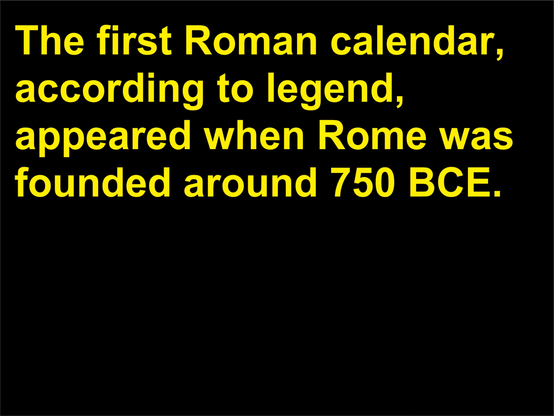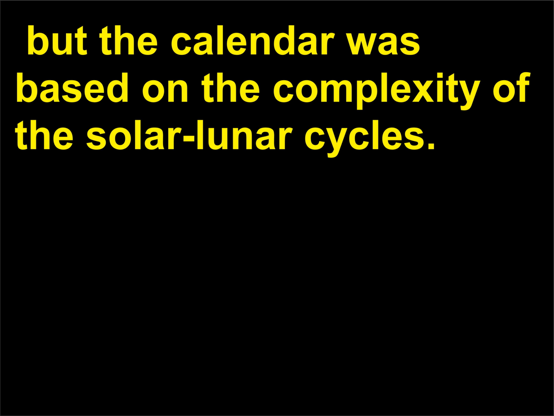The first Roman calendar, according to legend, appeared when Rome was founded around 750 BCE. When it actually started is still up for discussion. But the calendar was based on the complexity of the solar-lunar cycles.